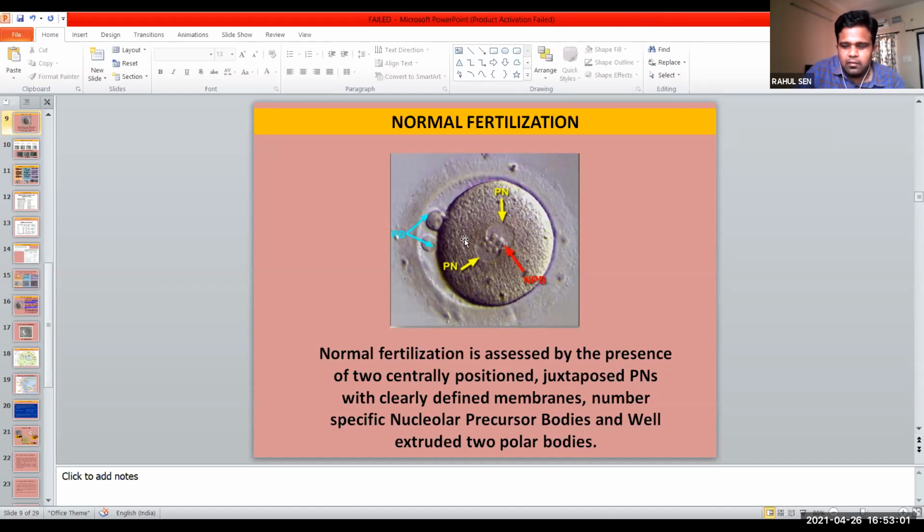Yes, sir. These small circles are the nucleolar precursor bodies. These are basically the compressed form of genetic material, and with the fusion of pronuclei, the genetic material also fuses. So their role is just in fertilization, in terms of fusion of genetic material.